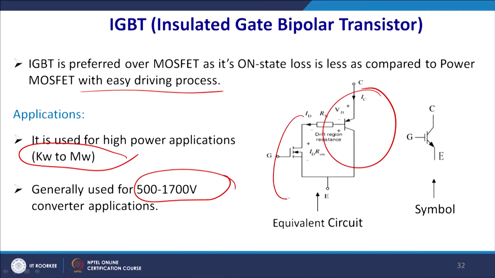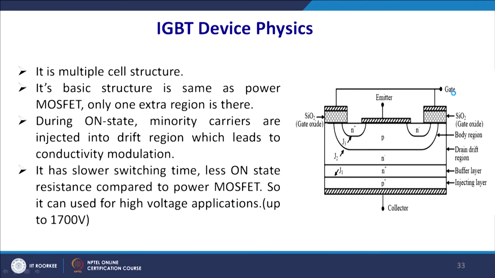What happened here is that this part is essentially the MOSFET, the gate part is the MOSFET, and this part is basically the transistor, and for this the symbol is this. So, in between you definitely get a transistor, that is PNP, and you also get a MOSFET.